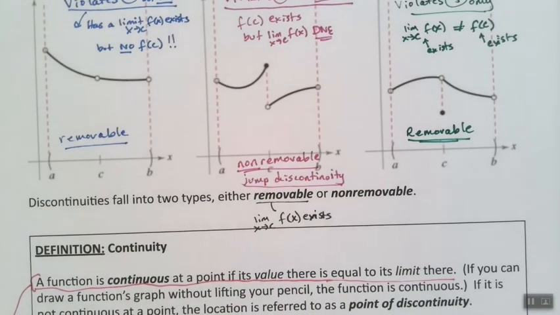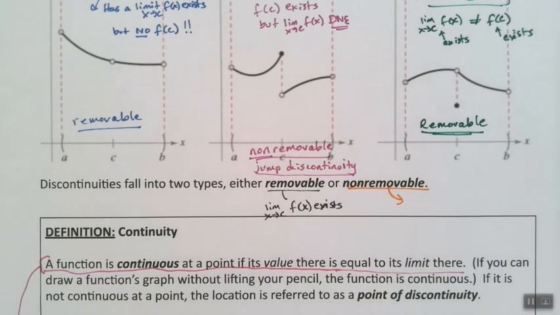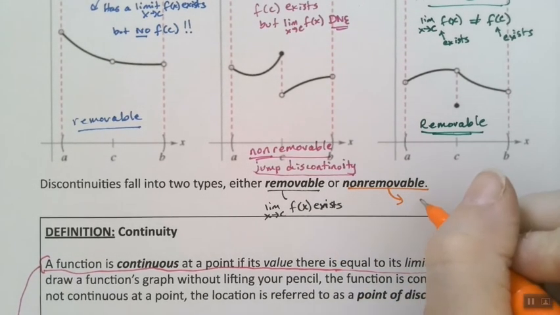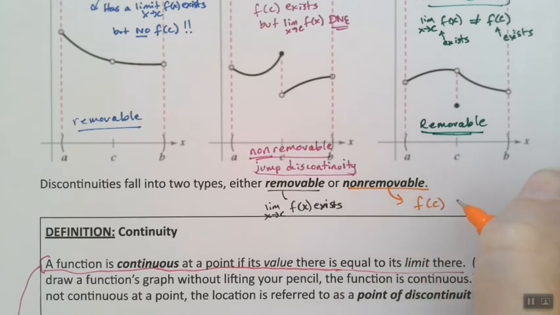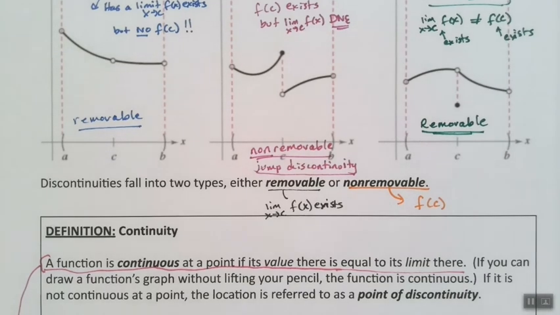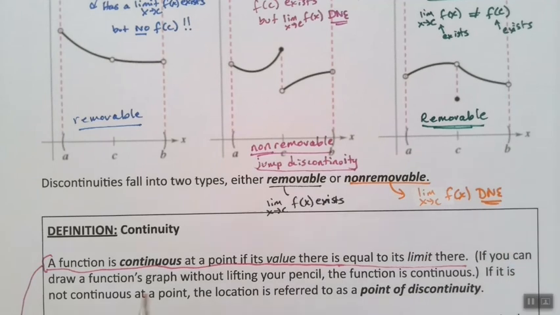I apologize. So non-removable means basically the limit, sorry. Let me fix that. There we go. So the limit as x goes to c of f of x does not exist. That's the big difference between removable and non-removable.